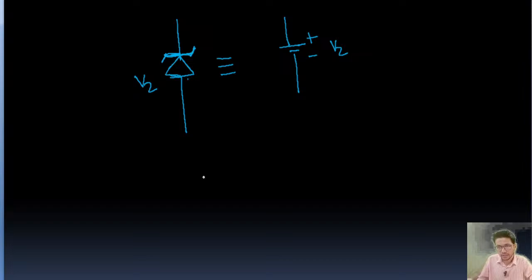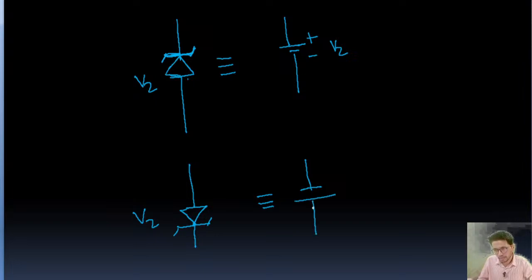Okay, so VZ. And similarly, this is an important one, guys, so that we can easily solve questions after knowing this. If we have a Zener diode like this, in that case this VZ is going to be equivalent to this one. This is minus and this is plus.